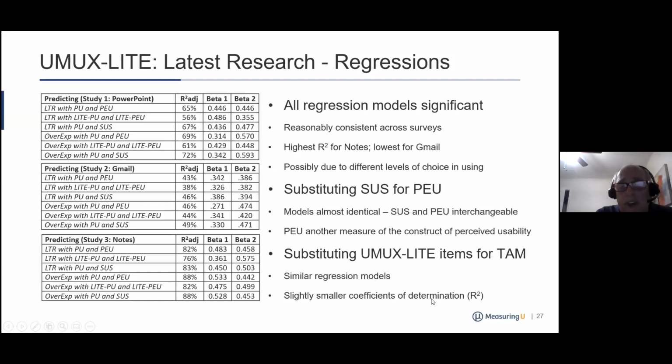The coefficients of determination are a little bit smaller, and in some cases statistically so, but still fairly large. The UMUX-LITE items do a pretty good job of predicting variation, or accounting for variation is probably the better way to put it, in likelihood to recommend and ratings of overall experience.